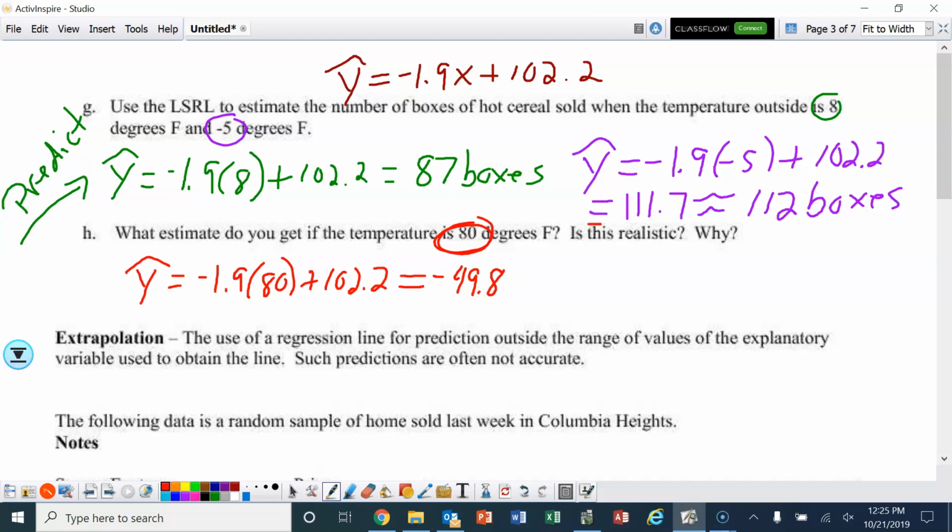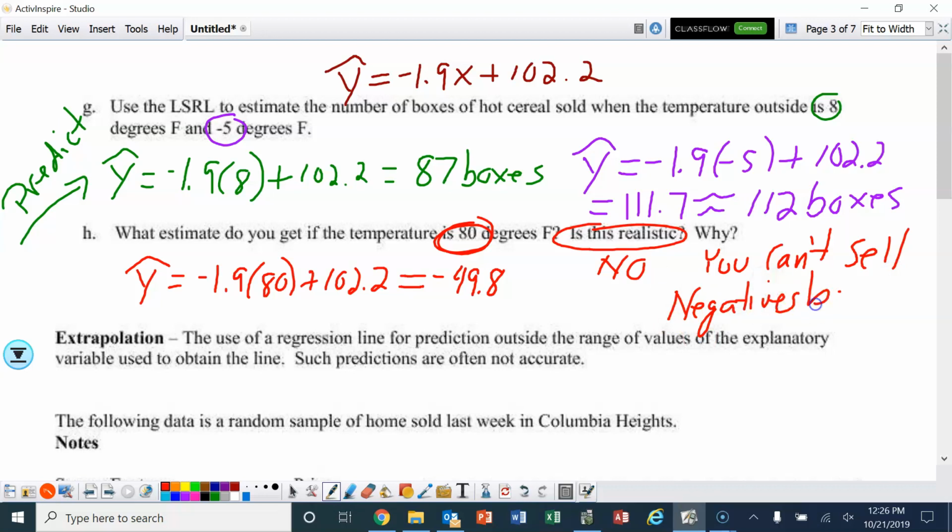Whoa, is that realistic? No. Why not? You can't sell negative boxes. So we would have to say they sell 0.